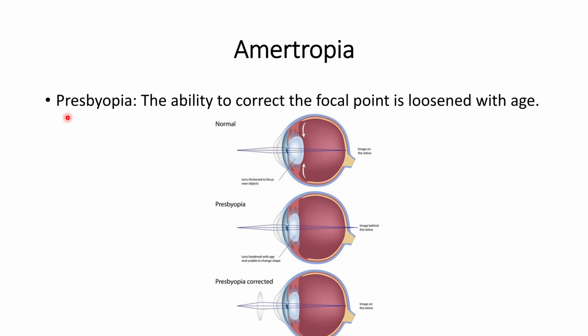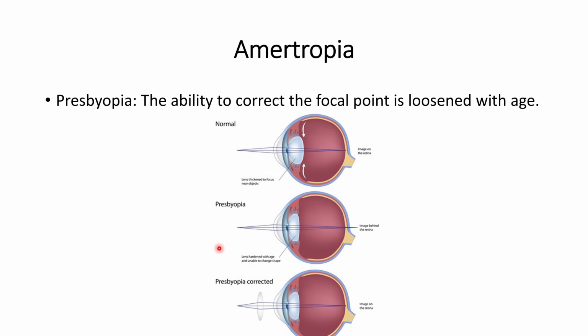The final eye problem in this video is presbyopia, which is related to old age persons. It is basically the loss of the ability to correct the focal length. Whenever an old age person changes vision from a far side to a near side, the ability to correct the images is weakened, so it might take more time for the image to be corrected.